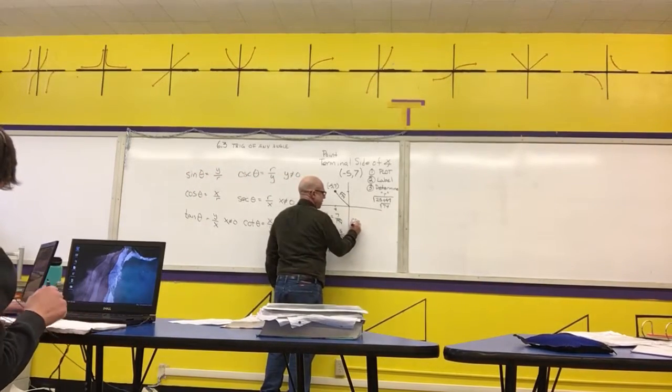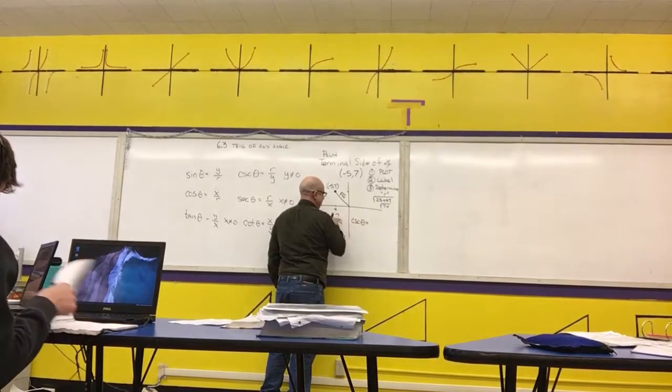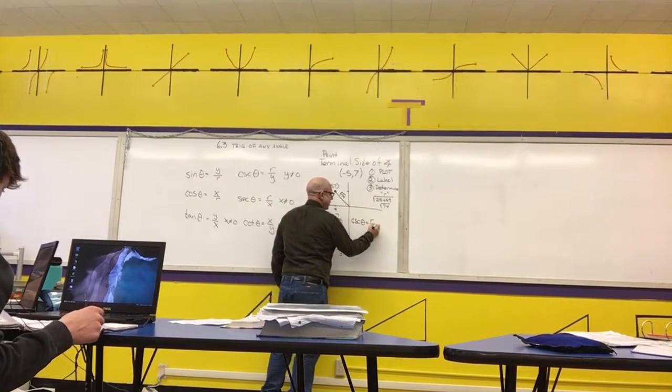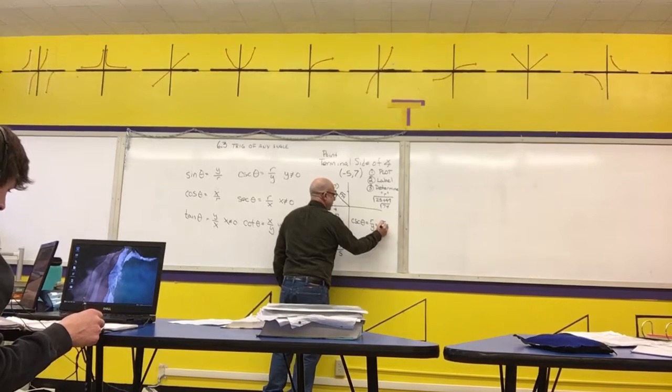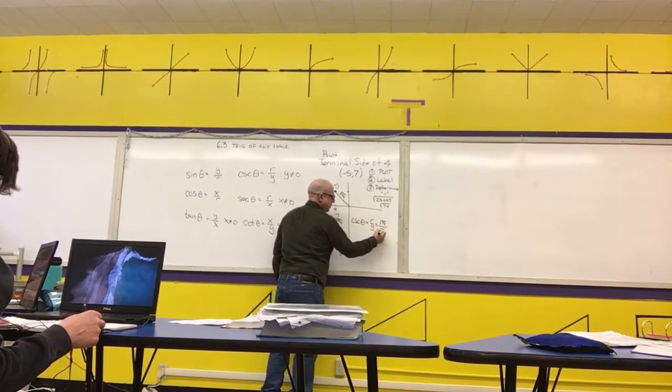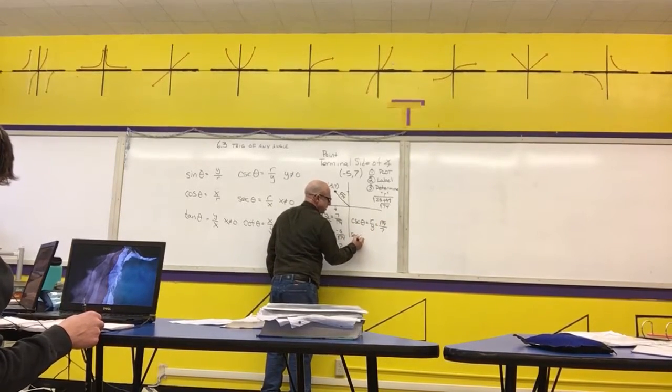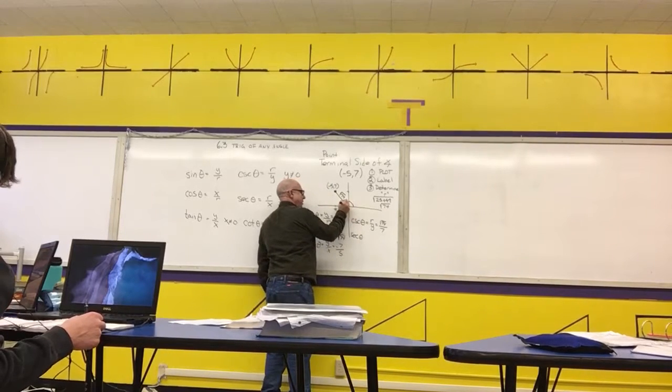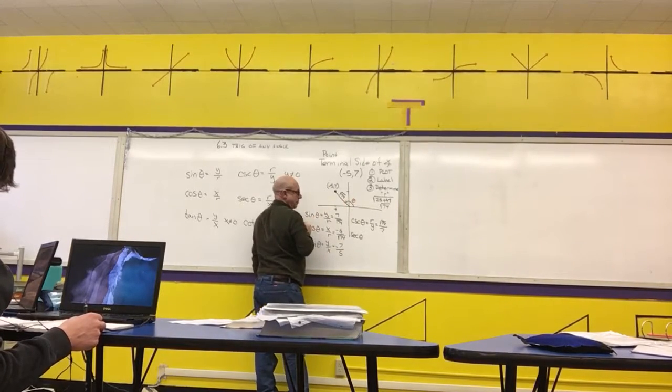Cosecant is r over y, which is root 74 over 7. Secant of theta. Oh, by the way, this angle right here is what we're going to call theta.